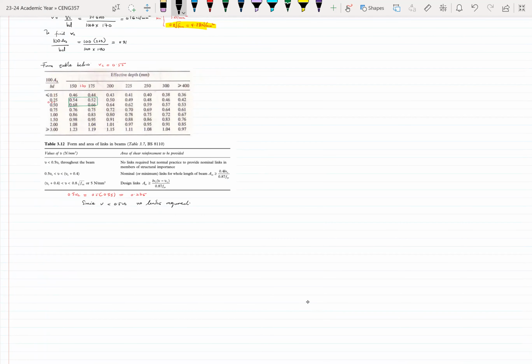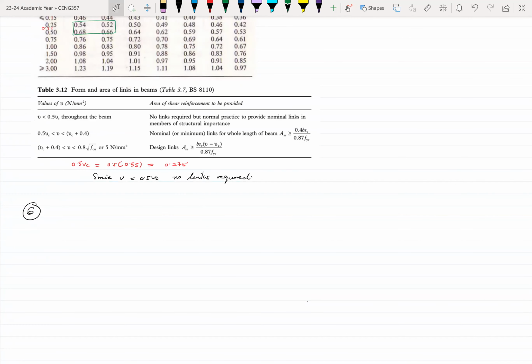Then design the secondary or distribution steel.